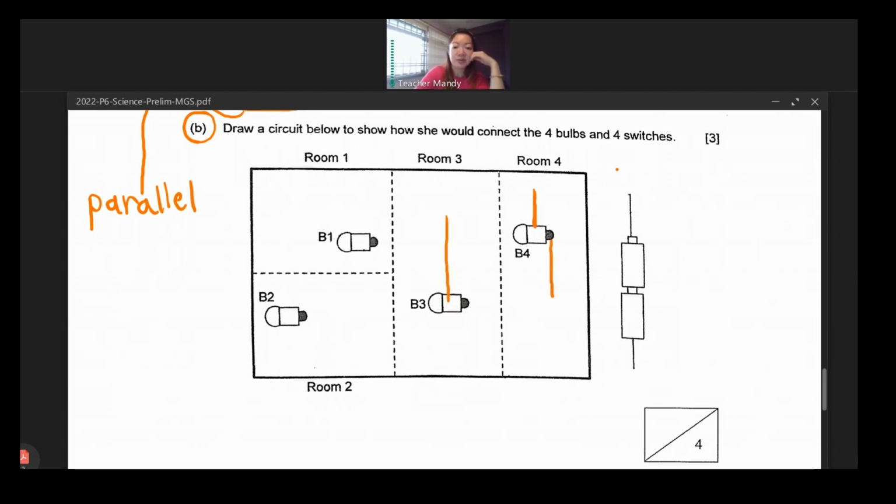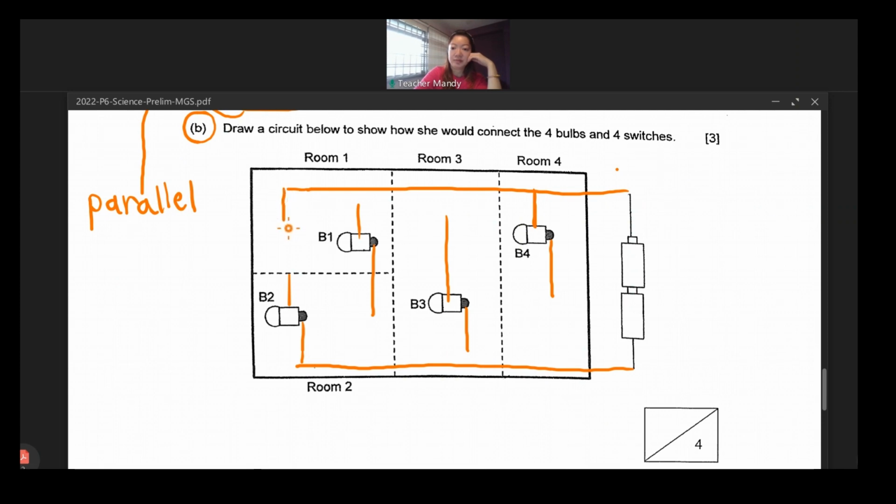So if I put it this way, you realize that they are all in parallel lines, and all I need to do is do this. So it's all parallel. But we want 4 switches.